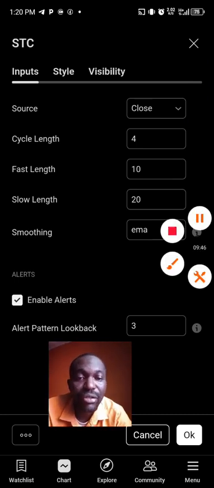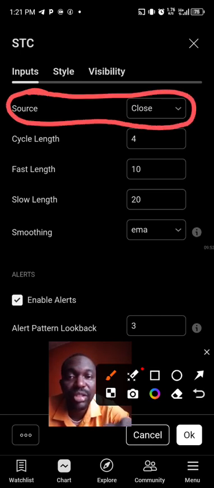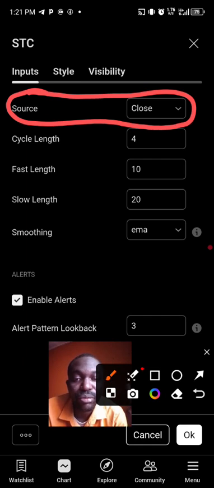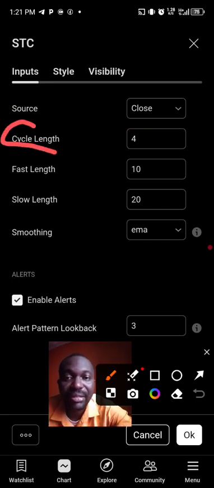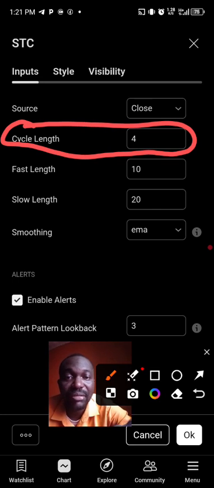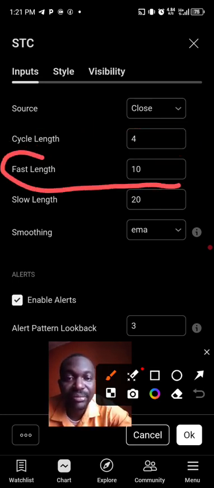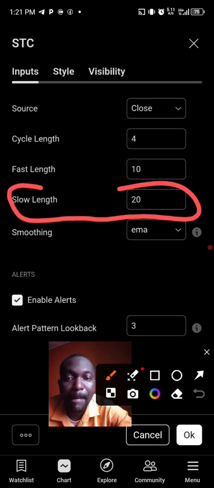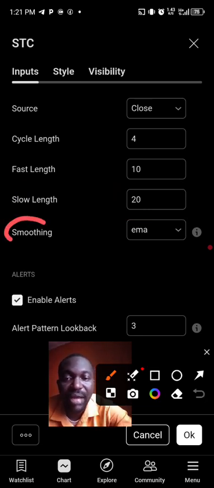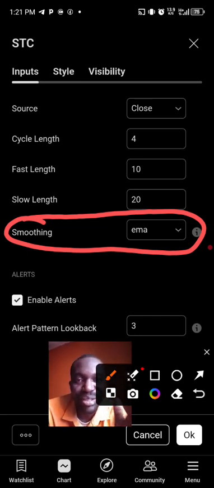As you can see, we have source, and it says source is close, which means it's measured on the close of a candle. So when the candlestick closes, it takes its calculation. Then we have cycle length, and if you look at the figure, it says cycle length 4. We have fast length, we have slow length, and then for smoothing, we have EMA. So this just tells you that this indicator works best with the EMA.